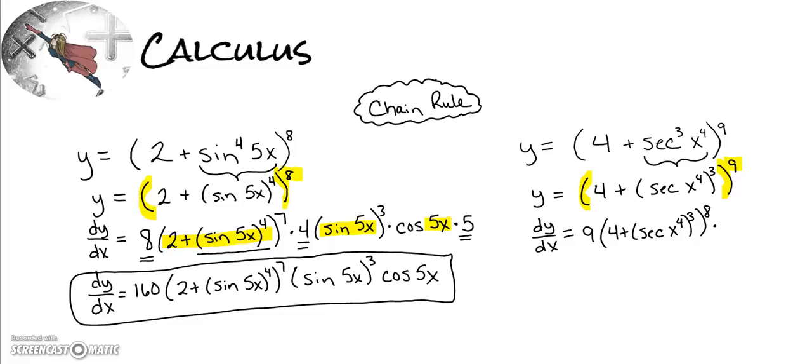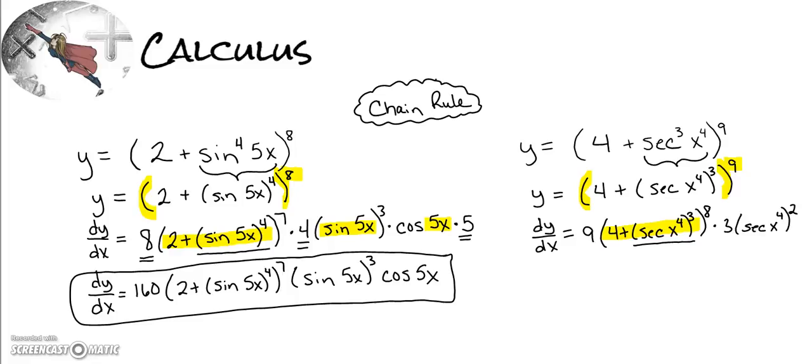Times, now, the next outermost portion is the stuff that was inside of the quantity. The derivative of 4 is 0, so we don't have to write that down. So we're going to do the derivative of this part, which is its own chain rule again. So we're going to have 3 times secant x to the 4th squared.